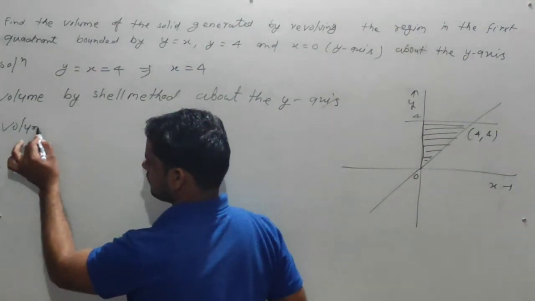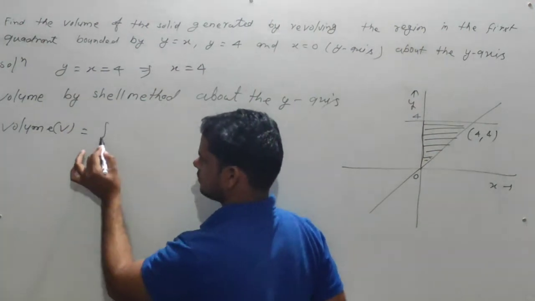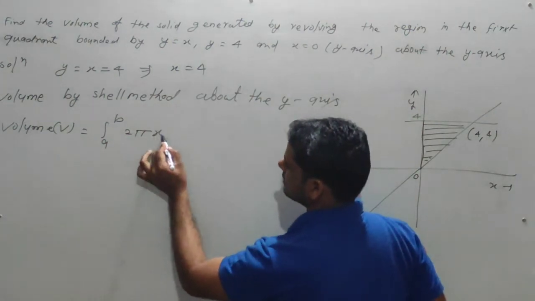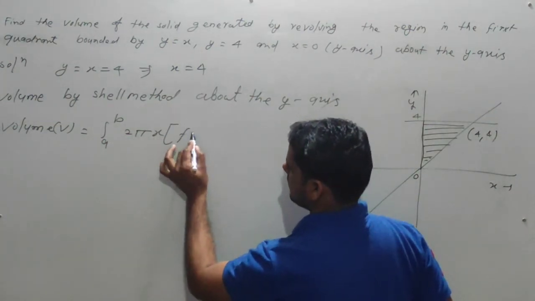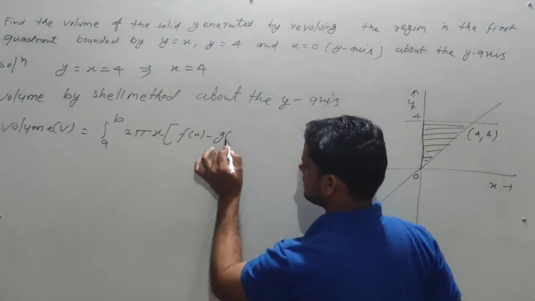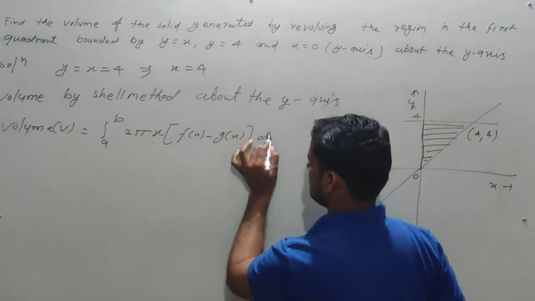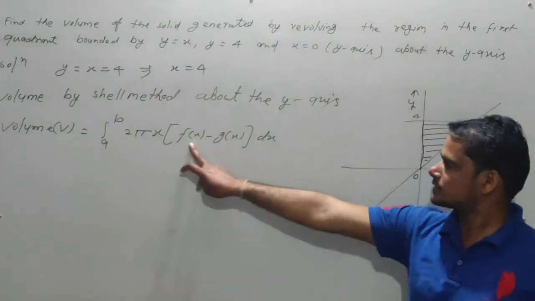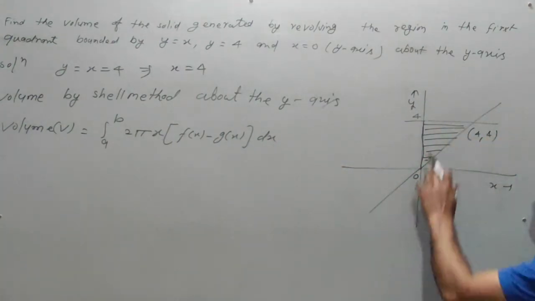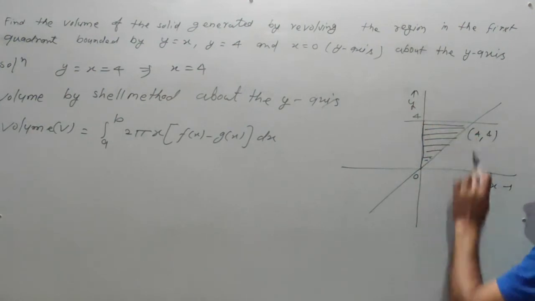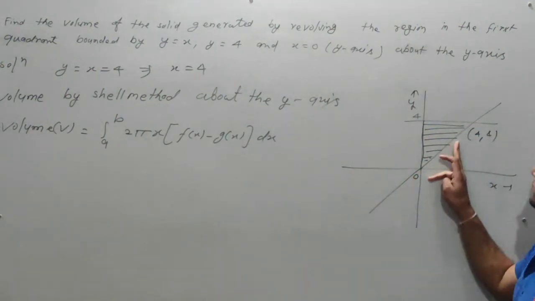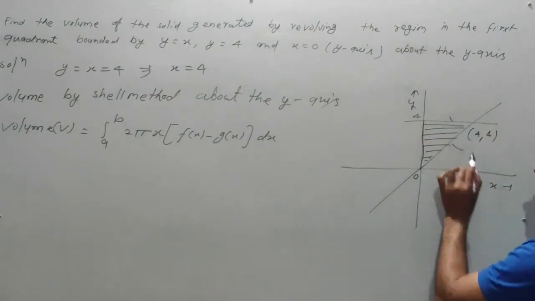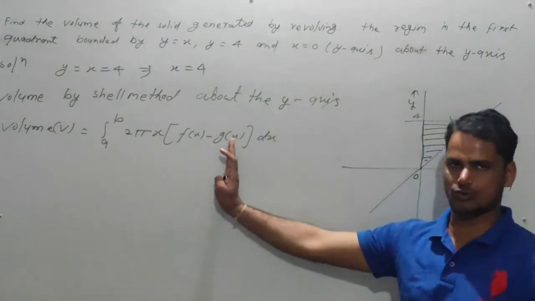The volume V is equal to the integral from a to b of 2 pi x times f of x minus g of x dx. Here f of x is y equal to 4 and g of x is y equal to x. This is the upper bound, this is the lower bound. Then this is the formula: upper bound minus lower bound.